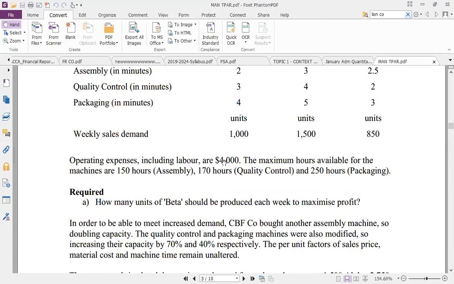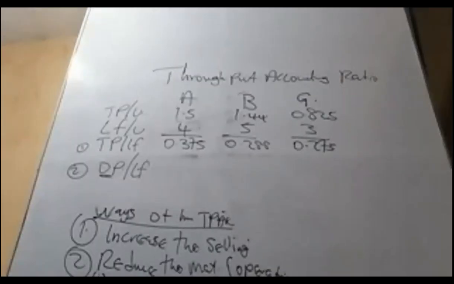If the old operating cost is 4,000 and you increase it by 30%, what's the new operating cost? 5,200. You add it back, making 5,200.